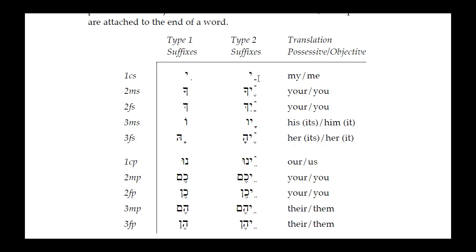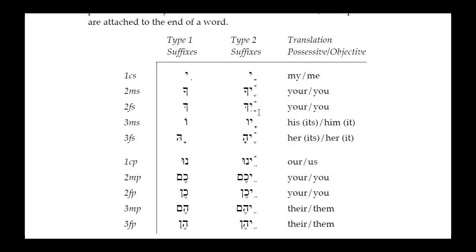So it's not only just my book, but it's my books, your books, your books, feminine singular, his books, her books, our books, you all's books, feminine plural, their books, and their books, third feminine plural.